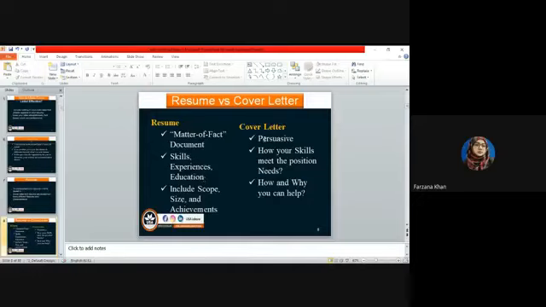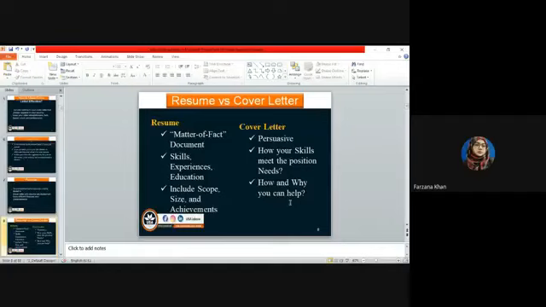But in cover letter, you will convince others that I have this qualification, I have this experience, and I can meet your criteria, I can fulfill the requirement of your vacant position. So the resume includes scope, size, and achievements, but cover letter, how and why you can help.